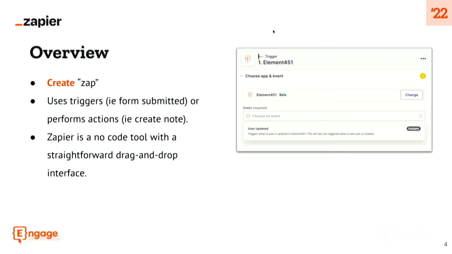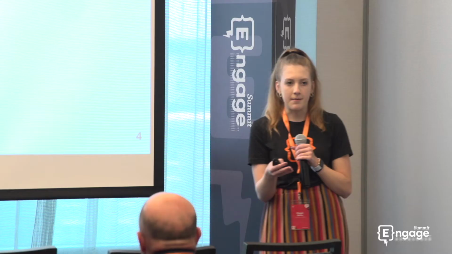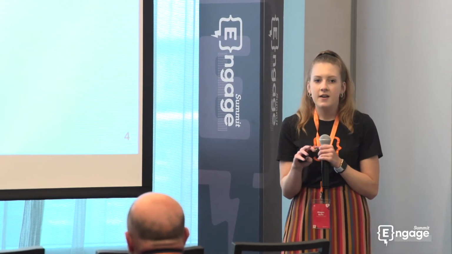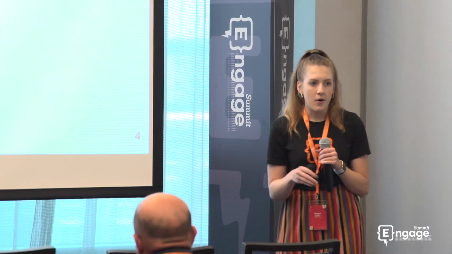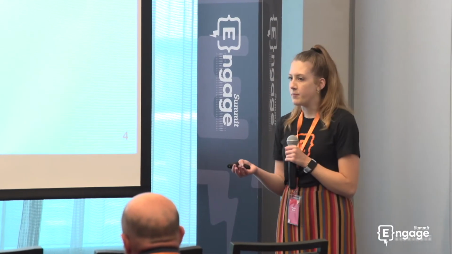Some common triggers if you're using Element and sending data out of it into a tool are things like they submit a form in Element, they sign up for an event, they join a segment, those types of things. On the reverse side, let's say we're using Calendly or Sheets, those triggers might look like a row was updated, or in Calendly an event was created or a student signed up for an event. So that's your first part, the trigger.